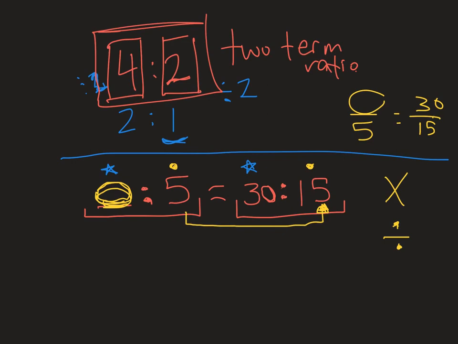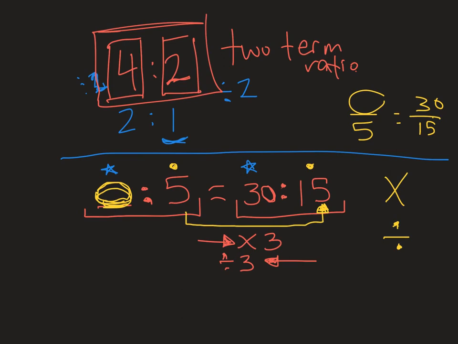So we want to look at, to get from 5 to 15, I have to multiply by 3, if I'm going in that direction. Inversely, if I'm going in the opposite direction, if I want to go from 15 down to 5, I have to divide by 3. So whatever makes the most sense to you, you're going to use.